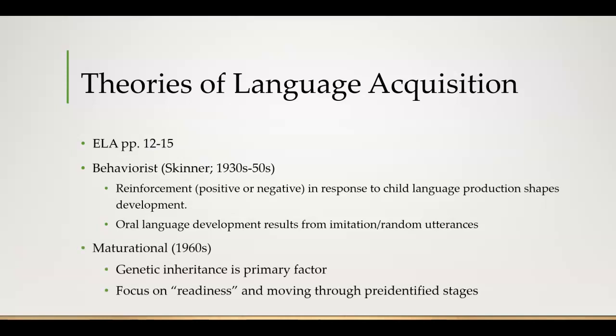Okay, maturational came to height in probably around the 1960s, and it was a focus on genetics. If you've ever heard about nature versus nurture, this is focusing on nature. And so they identified for a typically developing child which stage they should be in at which age.